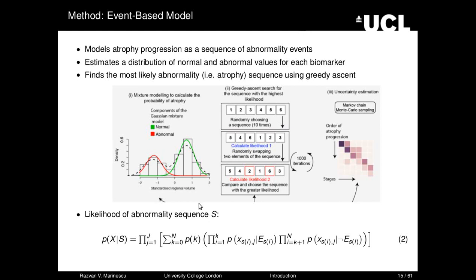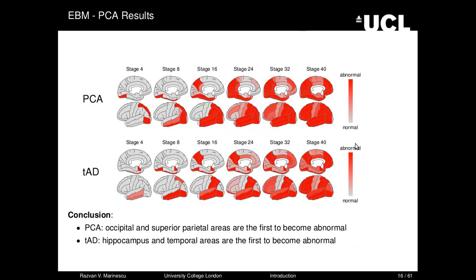So here we were interested to find out the order in which gray matter regions become atrophied in PCA and typical AD. That was our clinical question, where we started from. And for this we used a very unique cohort from the Dementia Research Center, which had a really large number of PCA subjects, around 70 subjects. And this is a really large number given the fact that PCA is rare.